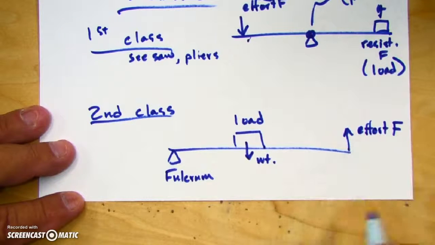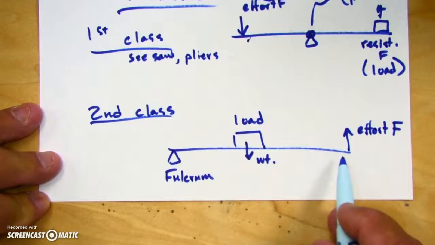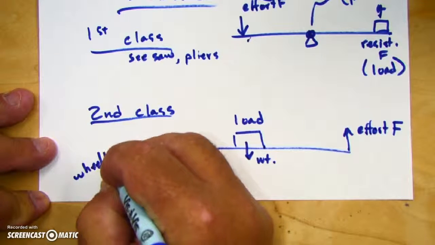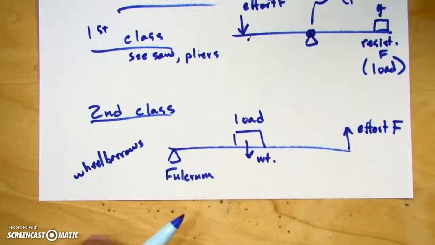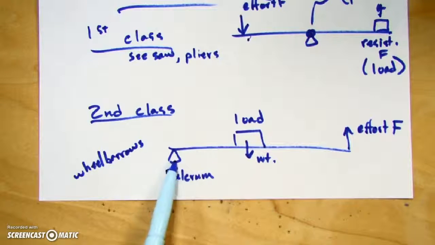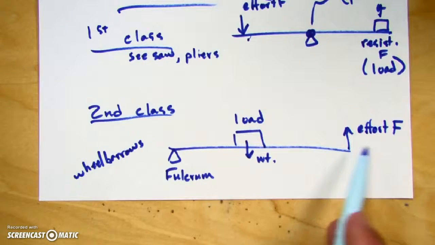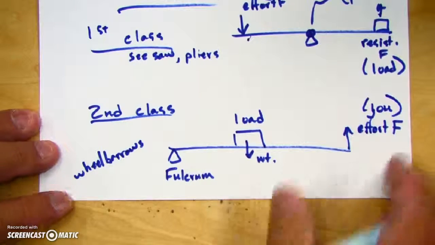You have to apply an upward force. There's one place that these are commonly used: wheelbarrows. There may be other places they're used, but that's by far the most common one. The fulcrum would be the center of the rolling wheel. This would be your mulch or your hay or whatever you have in your wheelbarrow, and then this is what you do. Remember, effort force is always the effort you put in.